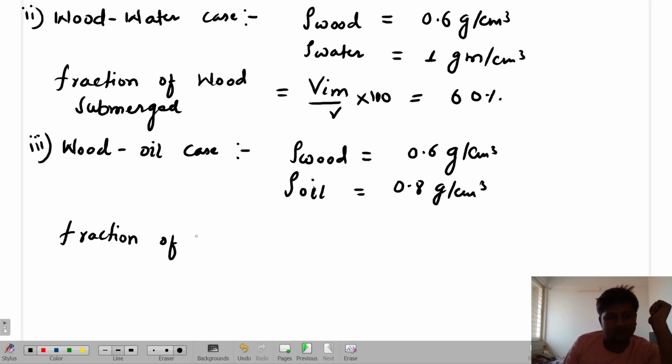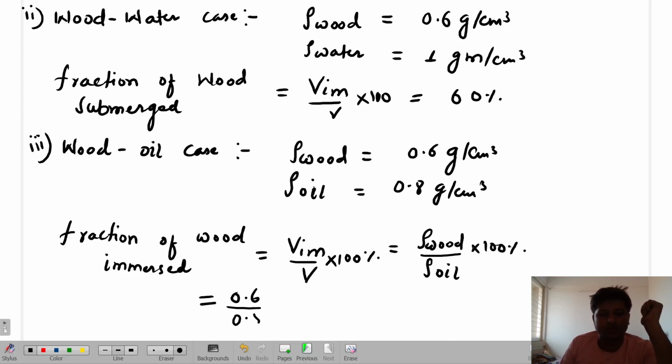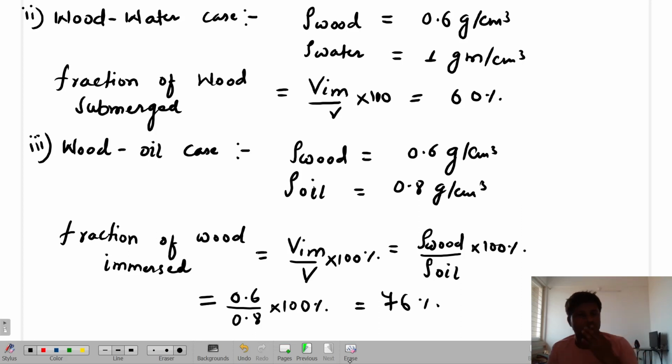So fraction of wood immersed: volume immersed by volume into 100% is equal to density of wood by density of oil into 100%. How much will this come? 0.6 divided by 0.8. That is almost similar to 76%. Is that clear or not?